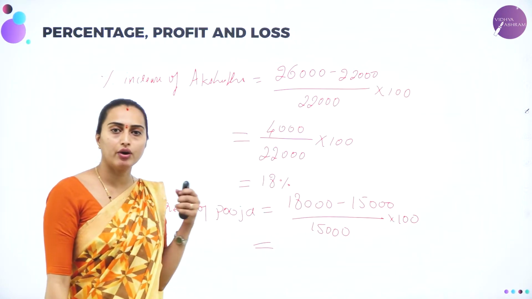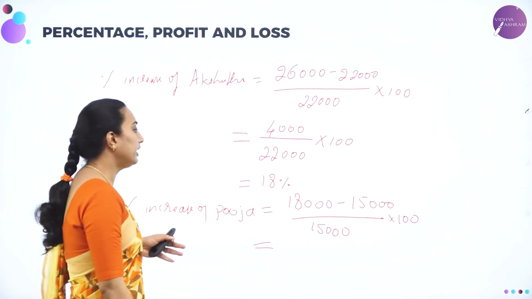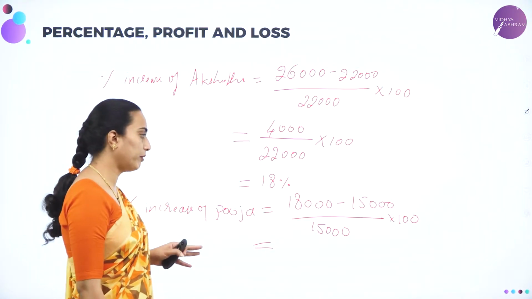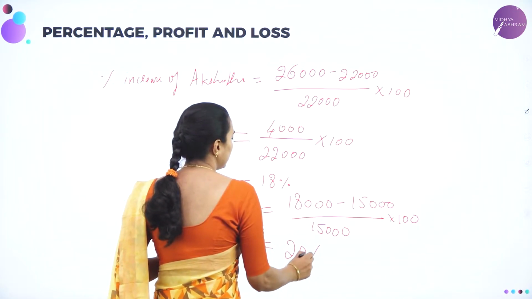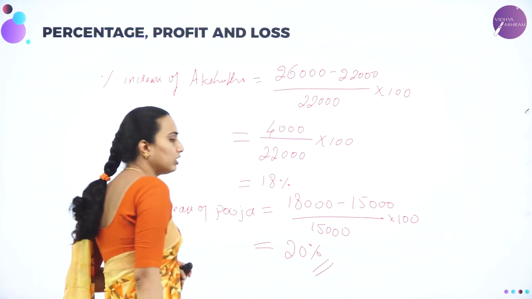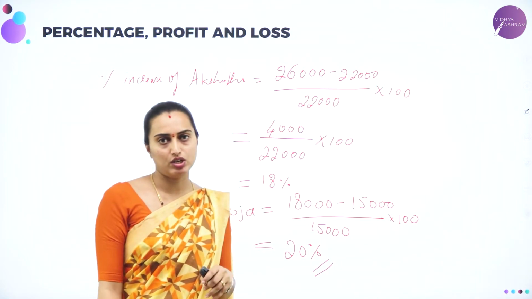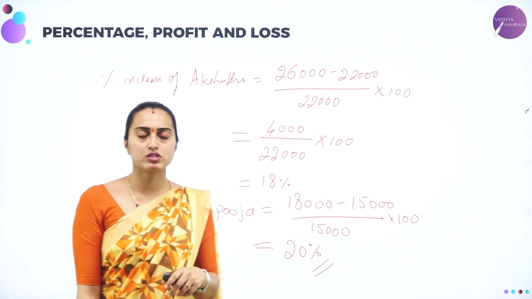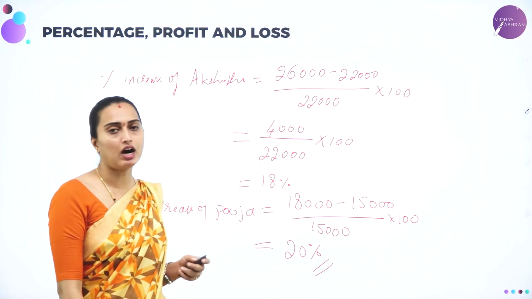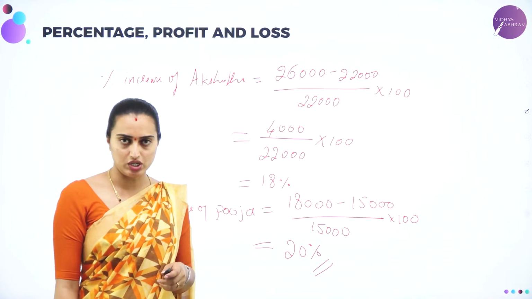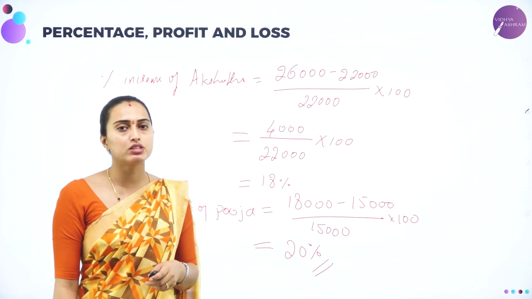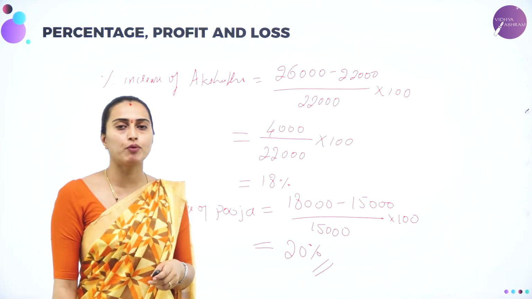So here you have 18 minus 15 is 3,000 divided by 15,000 into 100, which is nothing but 20%. So Pooja was increased by 20%. Understood? So this was the problem they've asked, and this will be the answer of Shreya, Akshata and Pooja's gain percentage. I hope you understood this problem. We'll move on to the next problem.